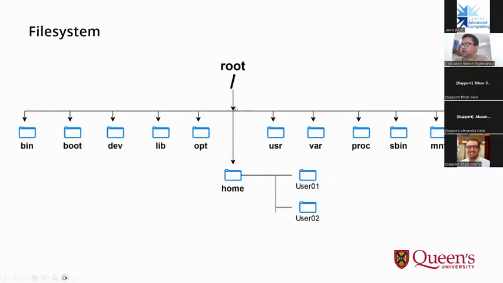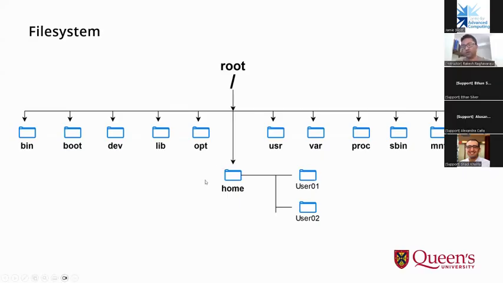In your user space, what you end up in when you log in is the home directory. In the home directory, each user gets a folder, and that's where you can create your files, install software locally, save your scripts, and so on.